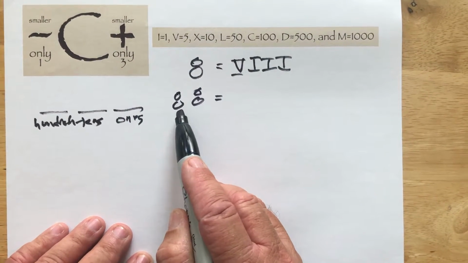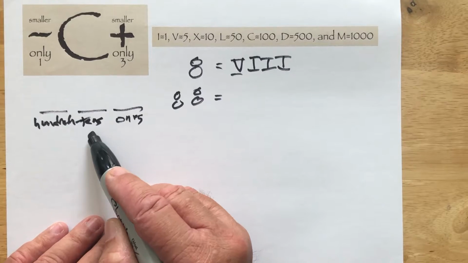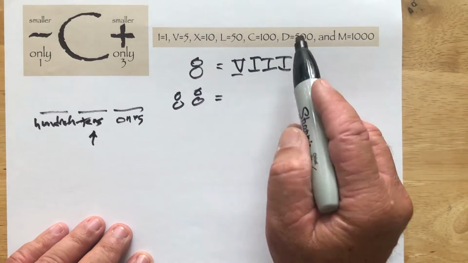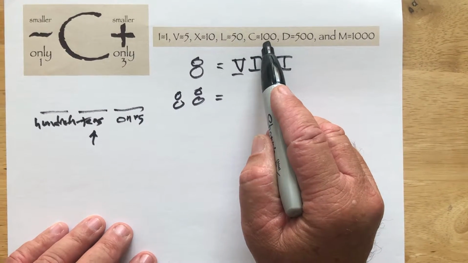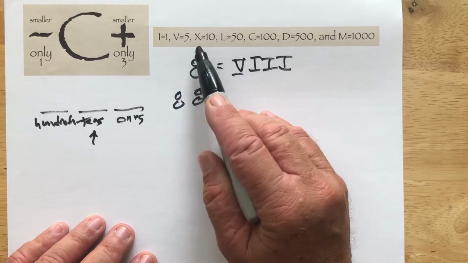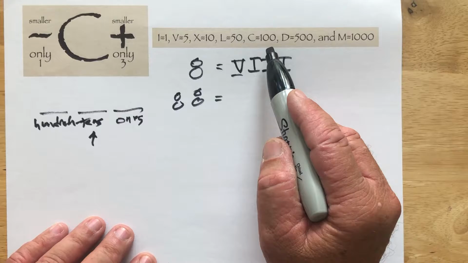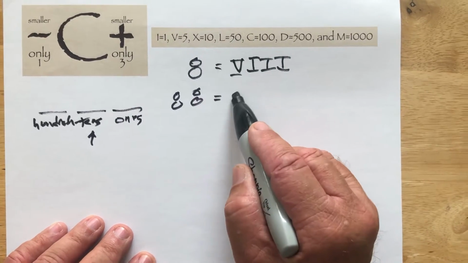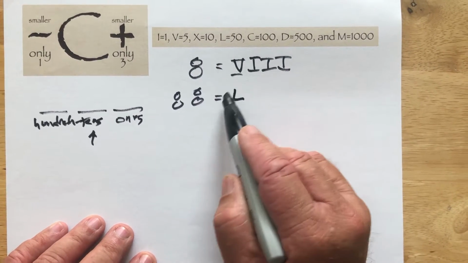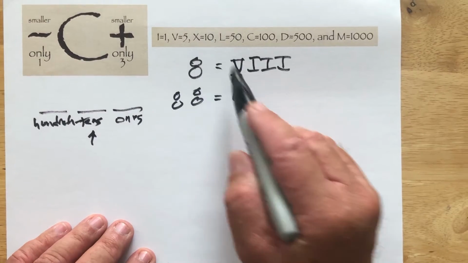What if I gave you the number 88? Okay, now we need one number for the tens column, 80. Well, here is 100. 100 minus 20 is 80, but that's putting 2 numbers on the left. We can't do that. So we could write 50, which is capital L. And now 50 plus 30, 60, 70, 80.